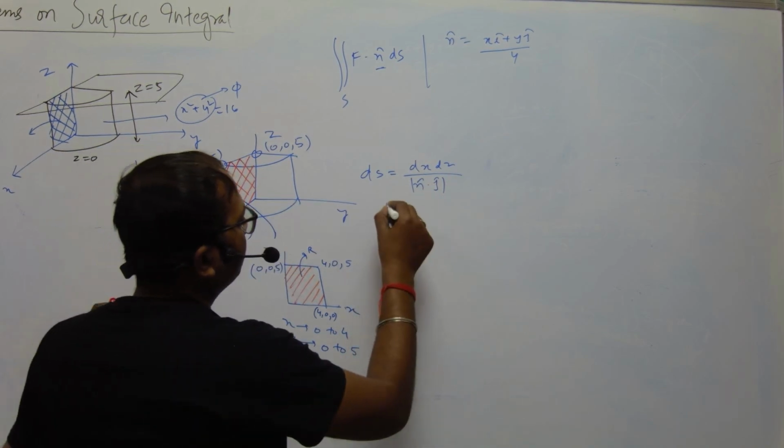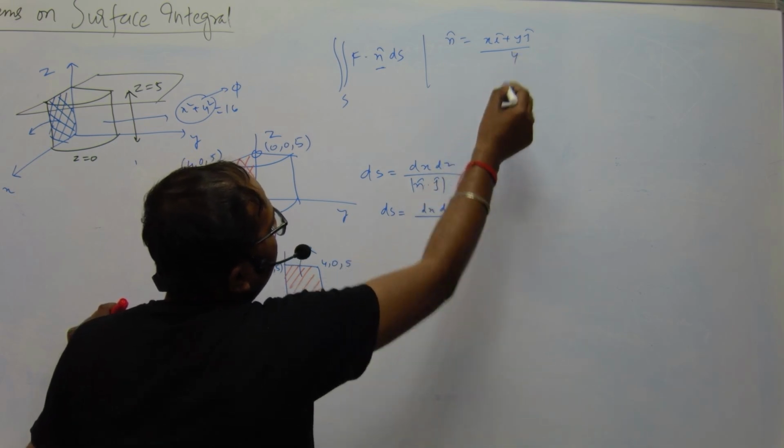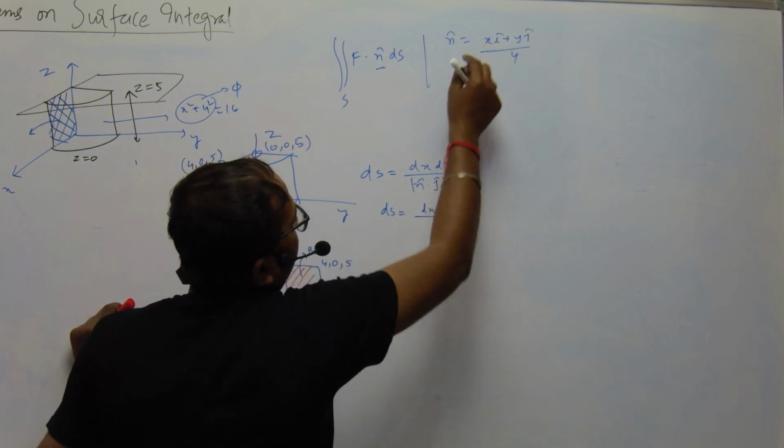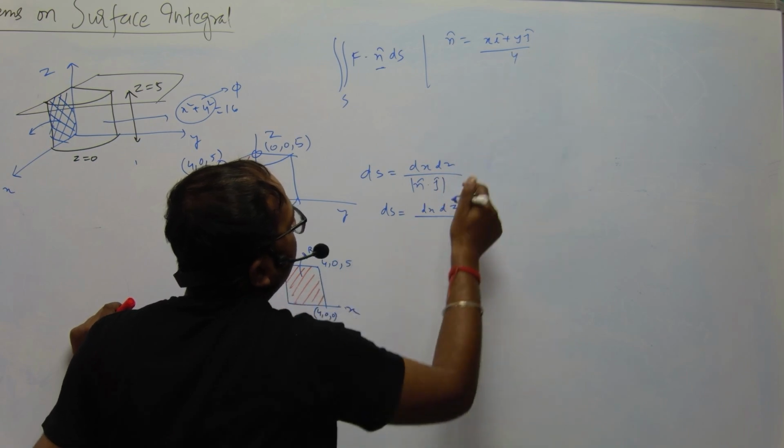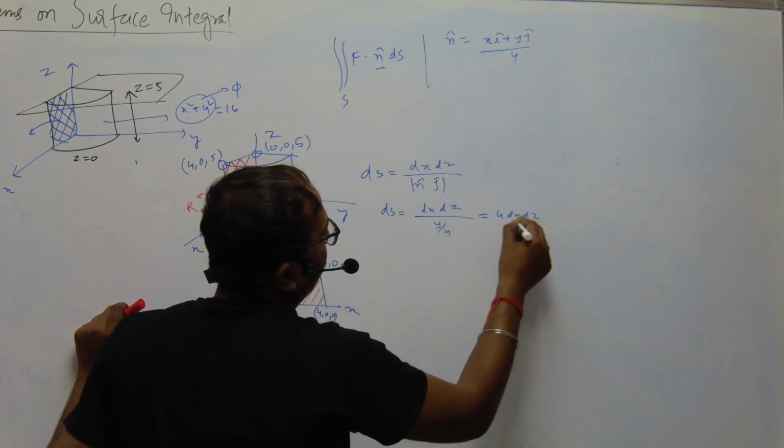So dS is equal to dx dz upon n cap dot j cap, which is y upon 4, so dS is 4 dx dz upon y.